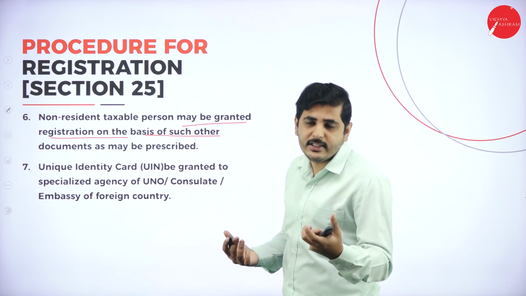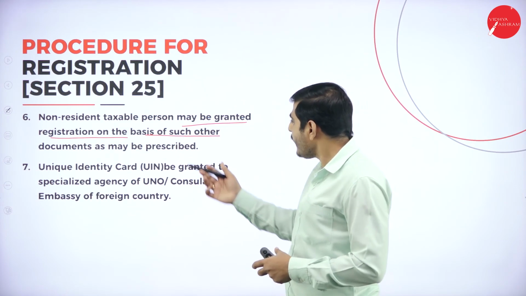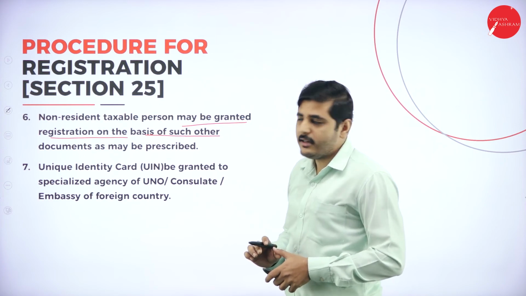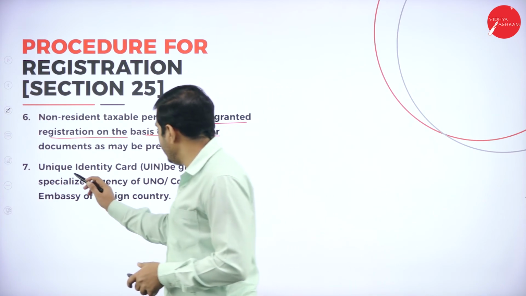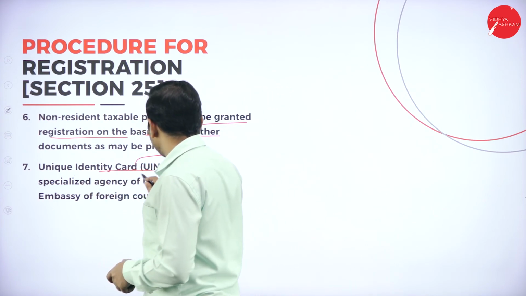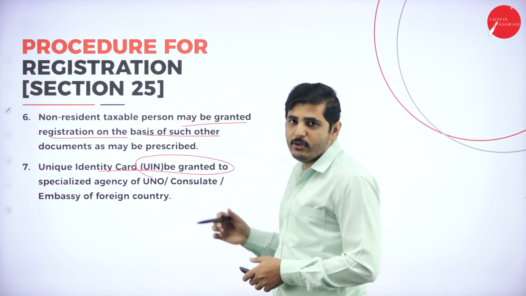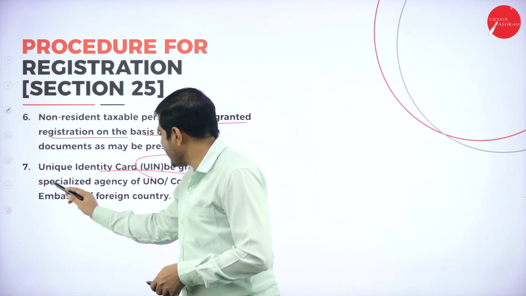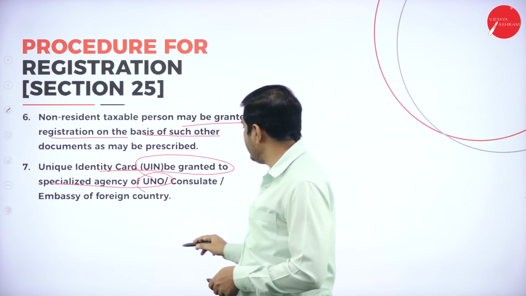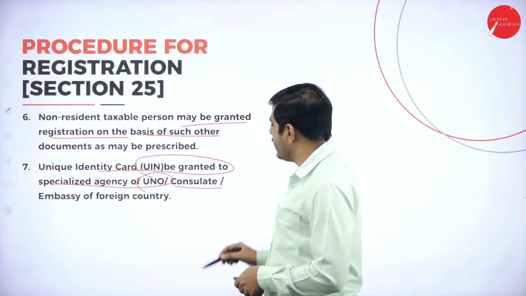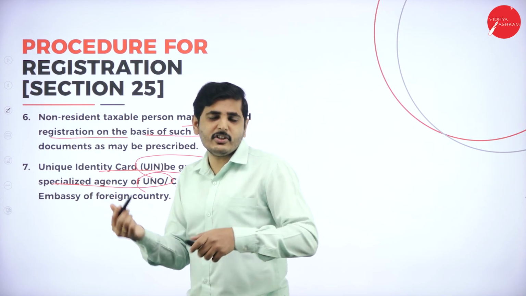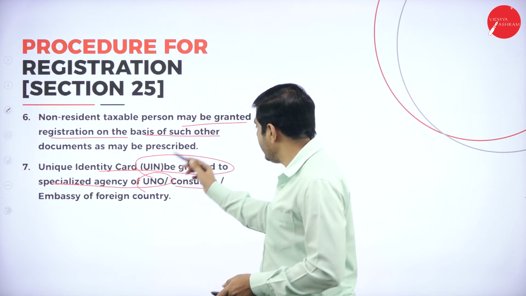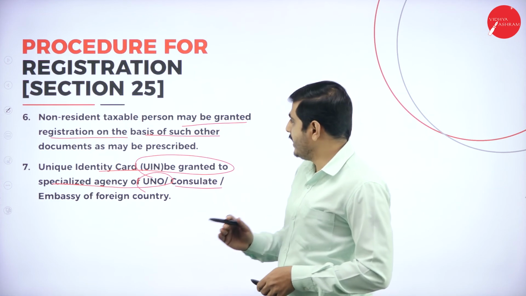A unique identity number will be issued once you are registered. Also, if specialized agencies like the United Nations Organization, consultants or foreign embassies are doing business or supplying products, they will be provided a unique number to supply the products.